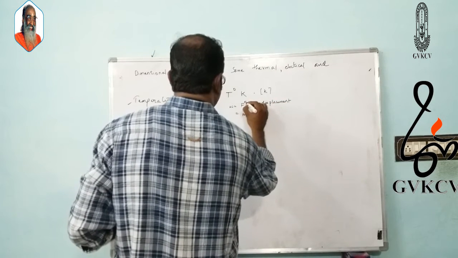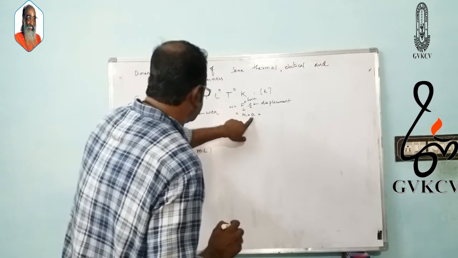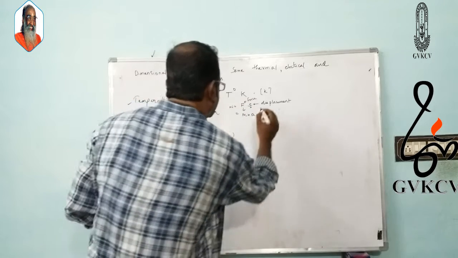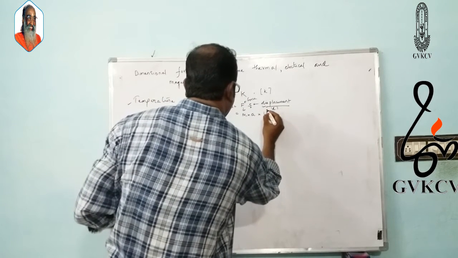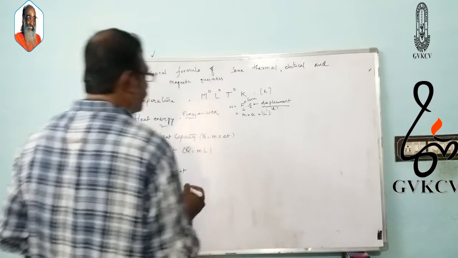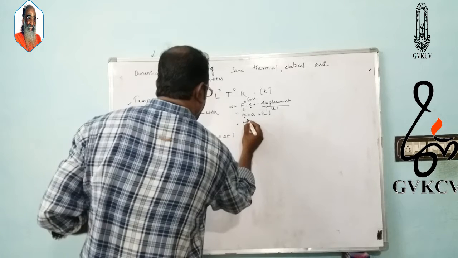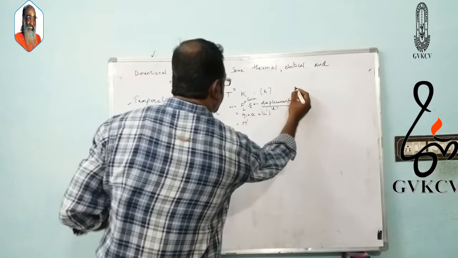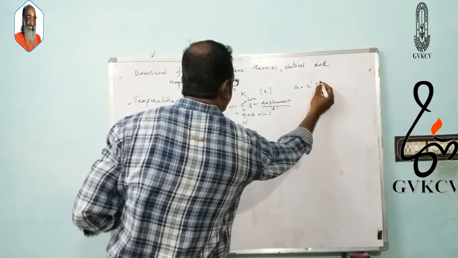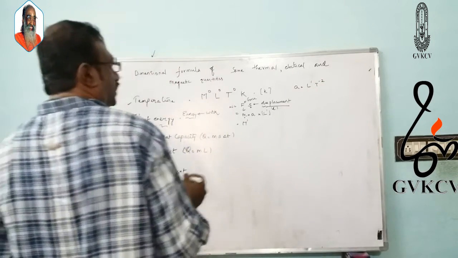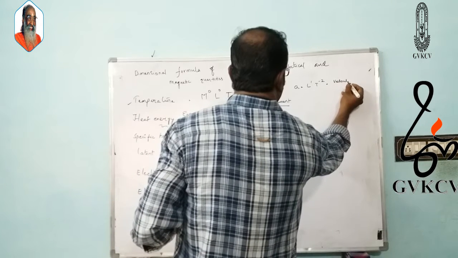And this is the force, and force is given by the formula mass into acceleration. This displacement is nothing but the length, so L to the power of 1. And mass is a basic fundamental quantity, M1. For acceleration we already wrote it is L1 T power minus 2. How did we get this? It is the velocity by time.